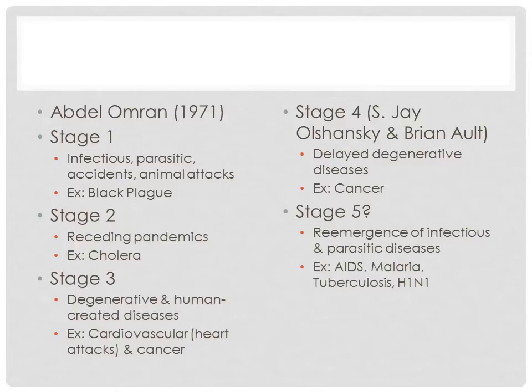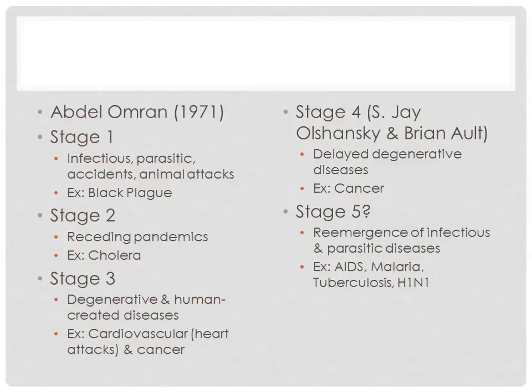Not that kind of human-created death. Instead, what we're talking about are deaths that are based on the accumulation of life choices that people make. So if people smoke their entire lives, well, that's going to have an impact on your life expectancy and the cause of death. If people are drinking alcohol their entire lives, that's going to have an effect.